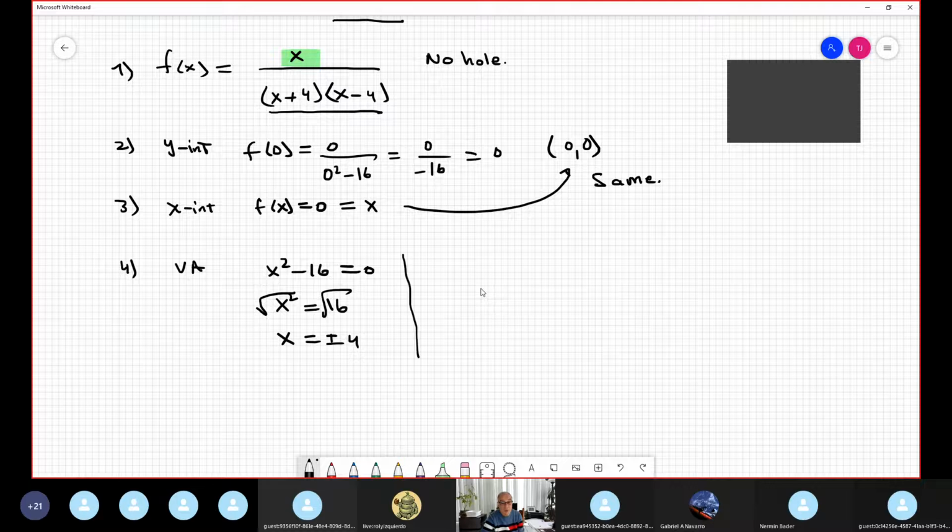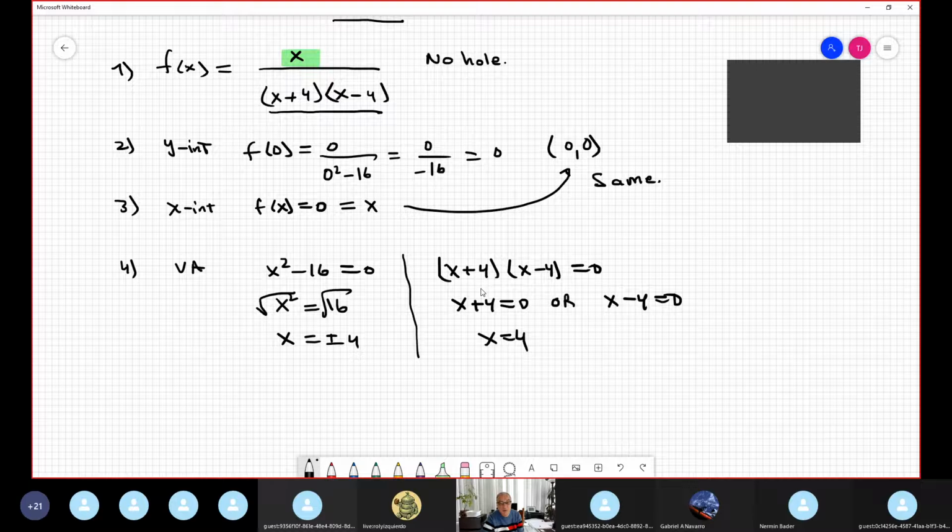Other people prefer the factored form equal to 0. X plus 4 is 0, or x minus 4 is 0. X equals negative 4, or x equals positive 4.